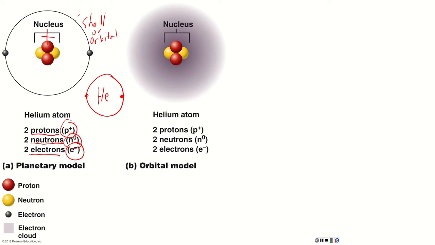I like to use the word shell. So these electrons are on this shell going around the nucleus. Electrons have negative charges, so the shell is negative.